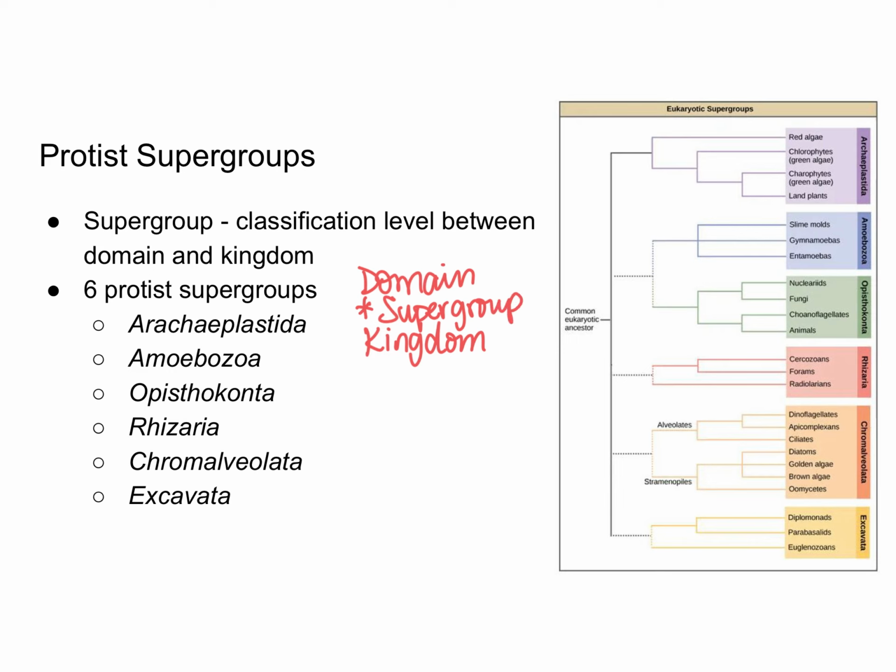You can see the names of these different supergroups on this phylogenetic tree here. We've got the Archaeplastida, Amoebozoa, Opisthokonta, Rhizaria, Chromalveolata, and Excavata. In some other videos, we are going to look at each one of these supergroups in more detail.